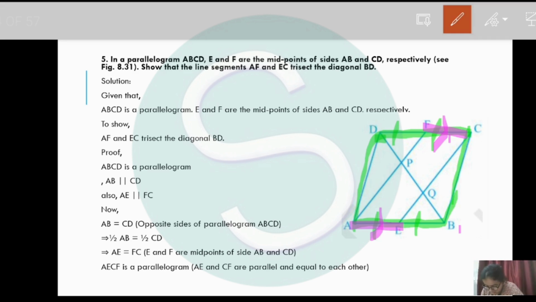So in quadrilateral AECF हमने ये प्रूफ कर दिया कि AE जो है FC के इक्वल भी है और पैरेलल भी है, राइट? सो यहाँ से हम ये प्रूफ करते हैं कि AECF is a parallelogram.